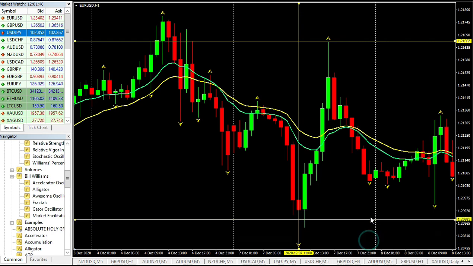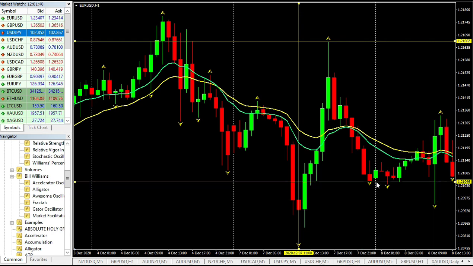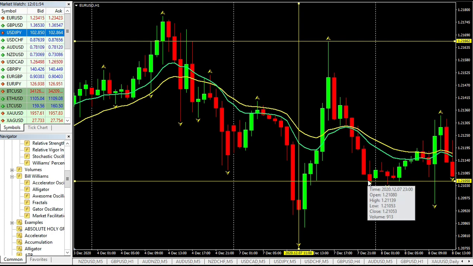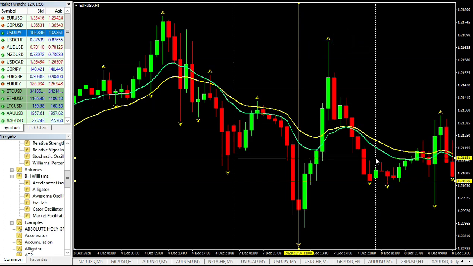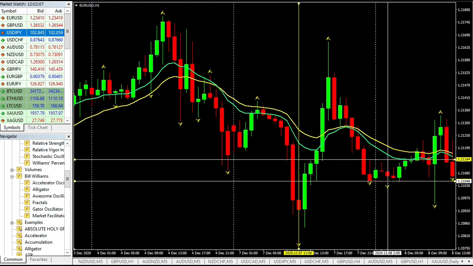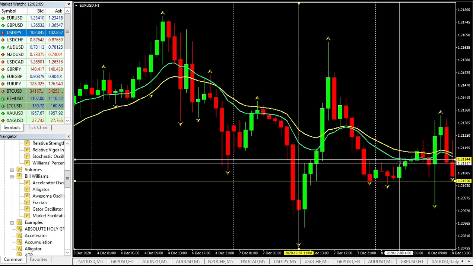So you're going to put a sell order 1 pip below this, and you're going to put your stop loss above this, and your order gets filled in on this candle, and then you get stopped out here.